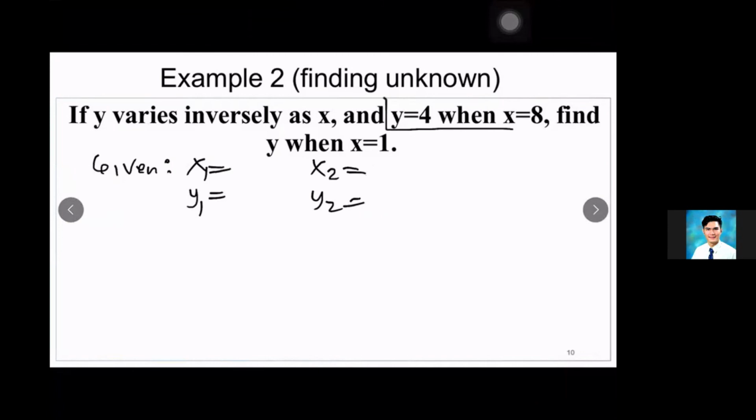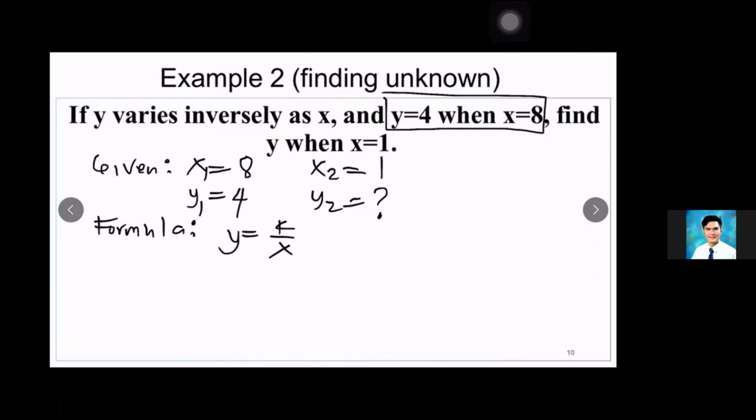So this is our first set of given: y is 4, x is 8. Find y when x is equivalent to 1. Therefore, our second set of given is x sub 2 is 1 and y sub 2 is the unknown. Next, the formula. Our formula for inverse variation is y equals k over x.